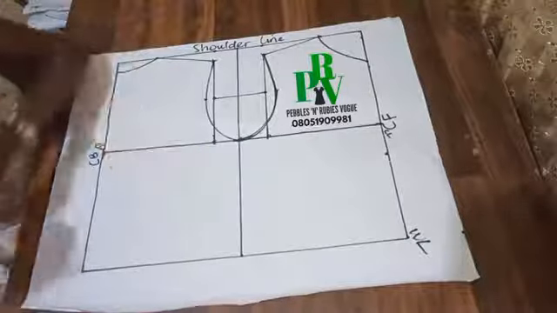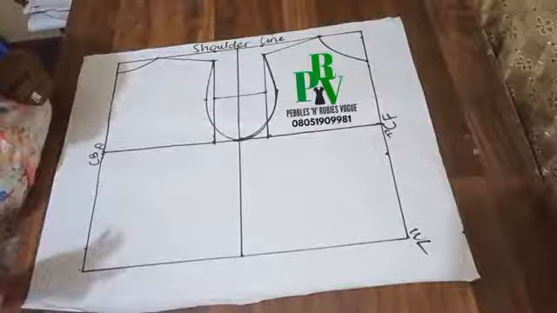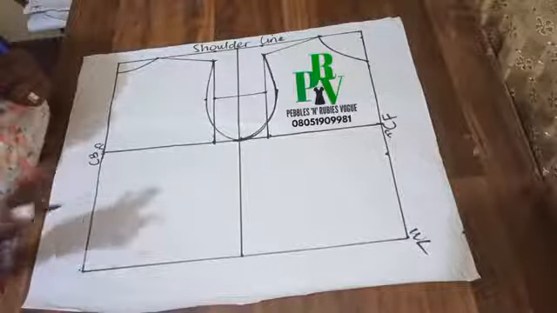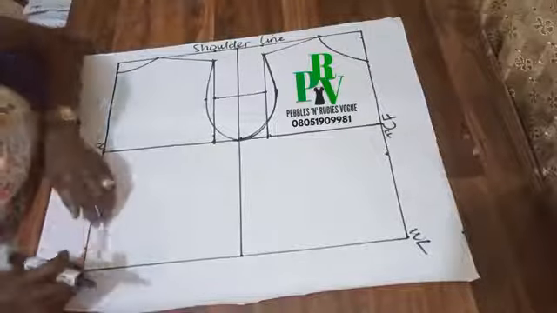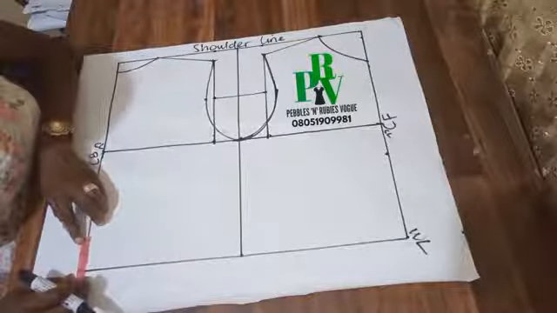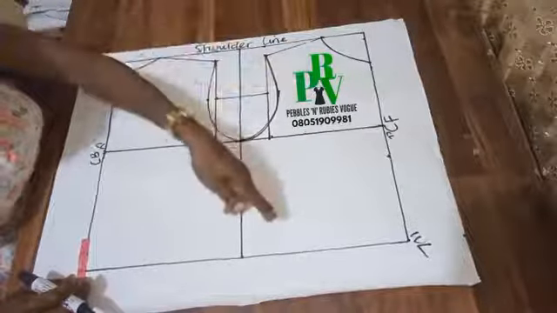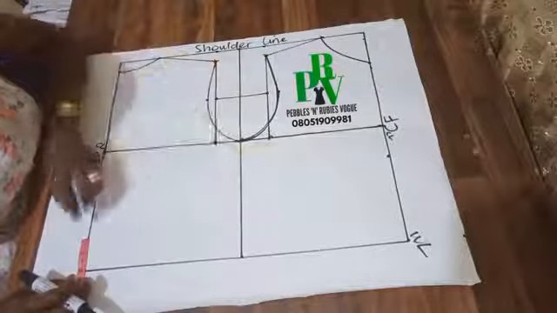While here on the back block, I will come up. The difference between the back and front block is 2 inches. That is 16 minus 14, which is 2. Sorry about that. 16 minus 14, that is the 16 inches for the front length minus the back length, which is 14, which is 2 inches.